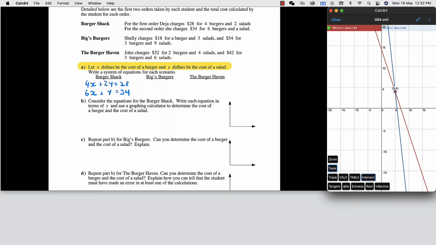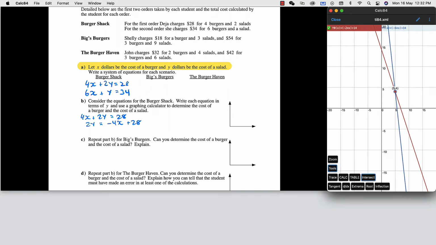Okay, now I'm just going to move down to part B, and it says to write each equation in the slope y-intercept form and determine the cost of a burger. So if we take this first one, 4x plus 2y equals 28. I'm going to first move the 4x to the other side by subtracting 4x from both sides.